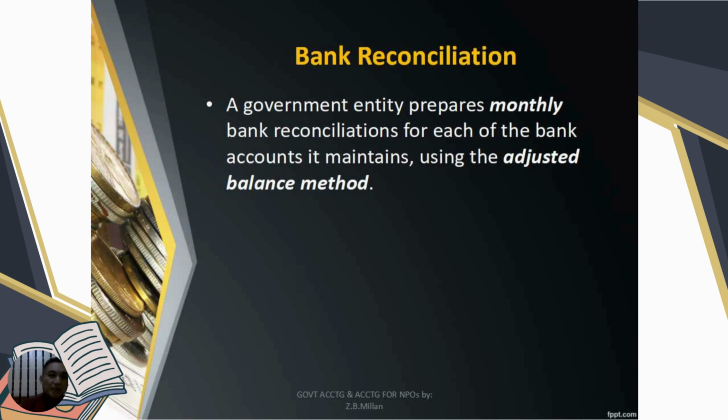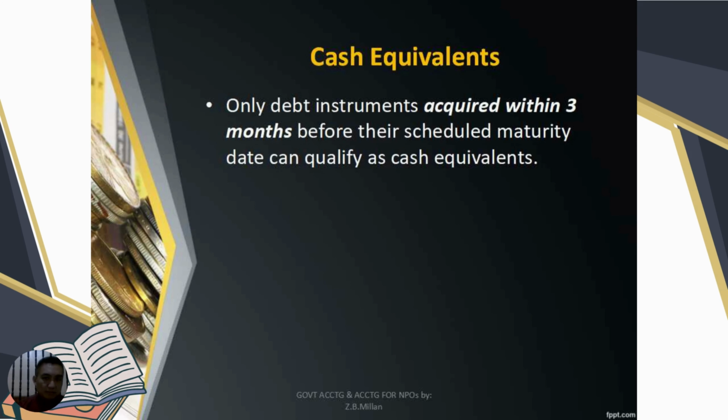Bank reconciliation: a government entity prepares monthly bank reconciliations for each of the bank accounts it maintains using the adjusted balance method. You studied this in your financial accounting and reporting, right?